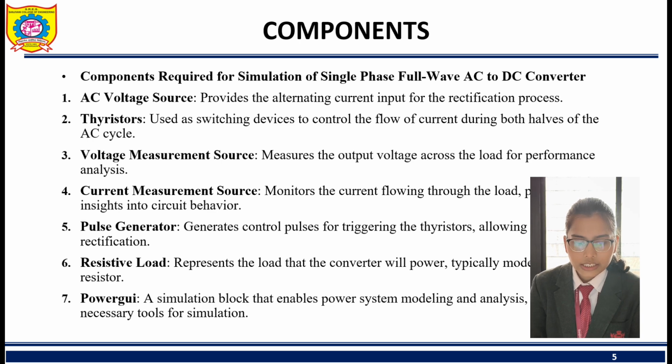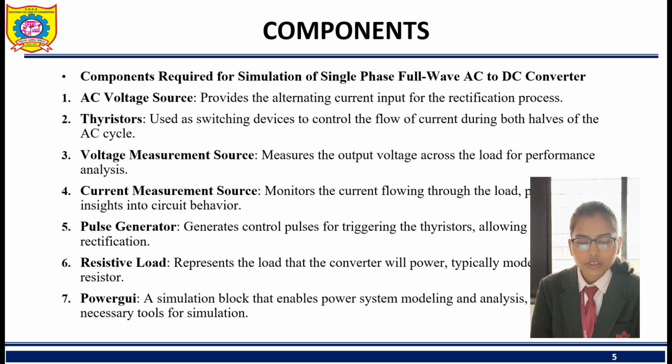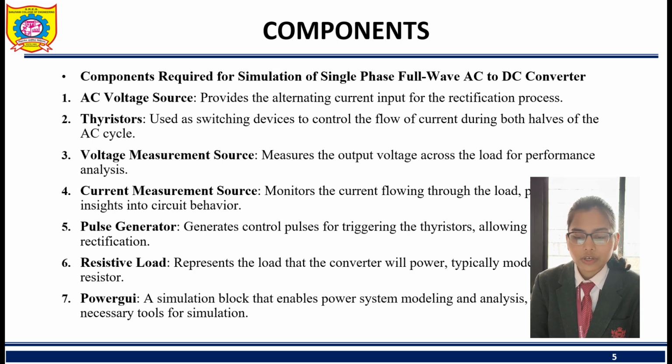Third component is the voltage measurement source. Measures the output voltage across the load for performance analysis. Fourth component is the current measurement source. It monitors the current flowing through the load, providing insight into circuit behavior.